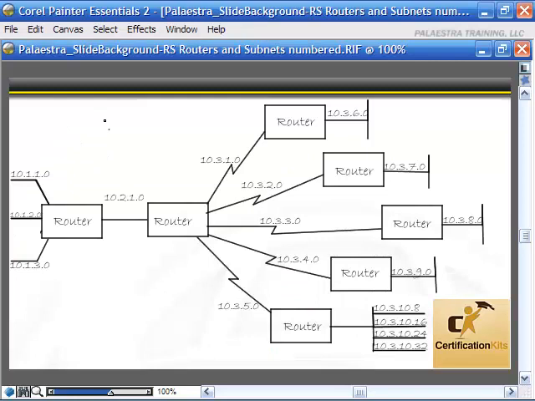I've brought up a different slide here, and as we can see, the 10.3 subnet is broken up into a bunch of smaller subnets. We've got 10.2 right here in the middle. Let me throw some zeros on there.